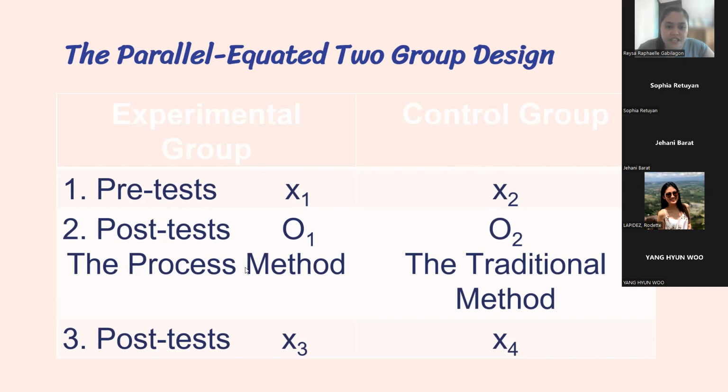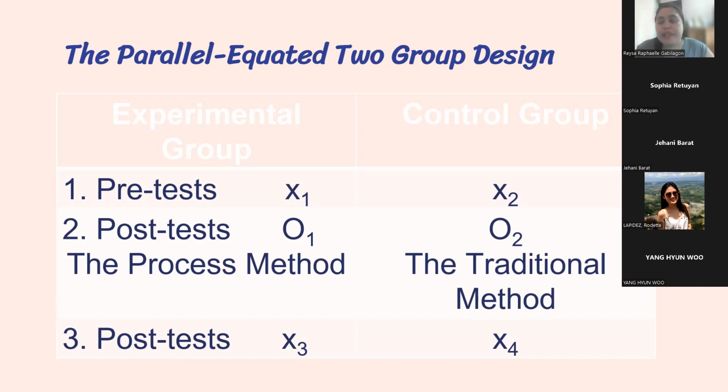Yung way of teaching is bago. Okay, bago na way of teaching this kind of concept. Tapos yung control will receive the traditional method. Kung paano siya tinuturo. Example sa school, yung concept na yun pa rin yung way ng pagtuturo sa kanila. Ito yung bagong method. Tapos, after that, magpo-post test ka ulit sa kanila and check whether ano na ba nangyari sa level of knowledge nila about that concept.